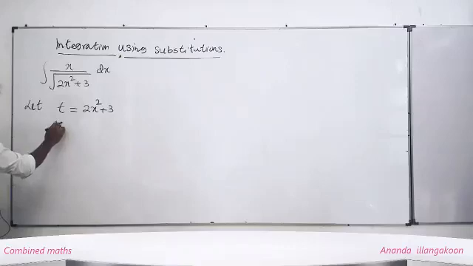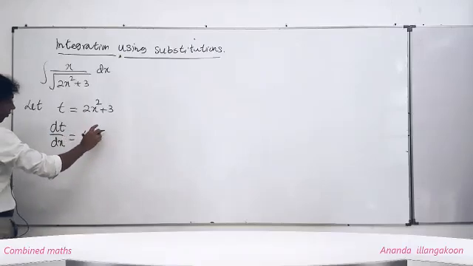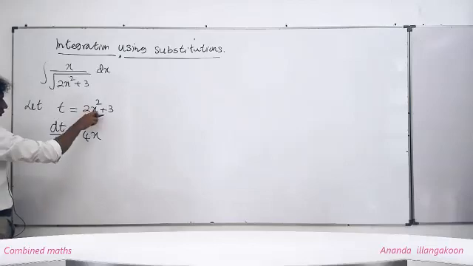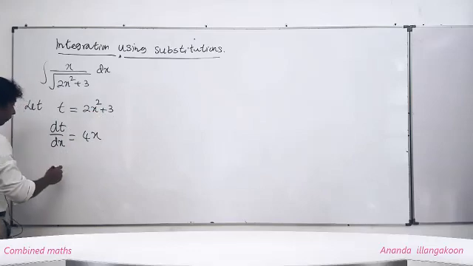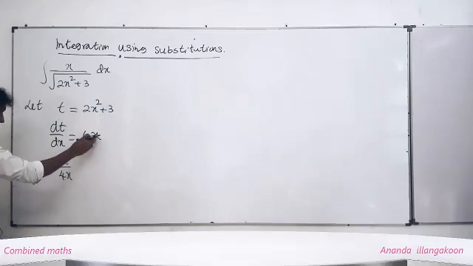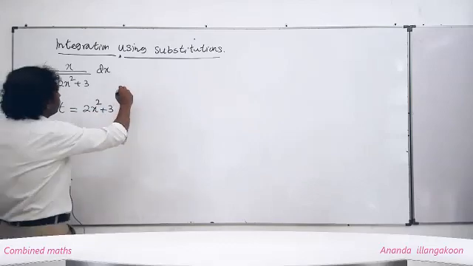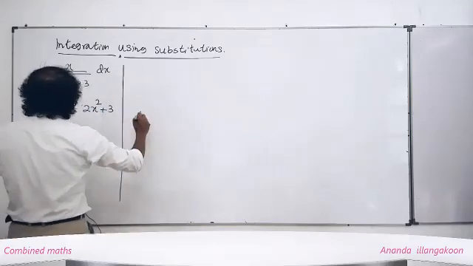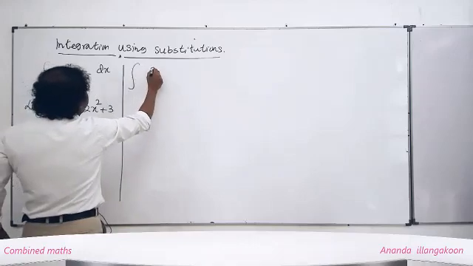For this, we differentiate with respect to x: 4x coming, no? dt upon dx is 4x. Then dx is dt upon 4x. Now we use this.